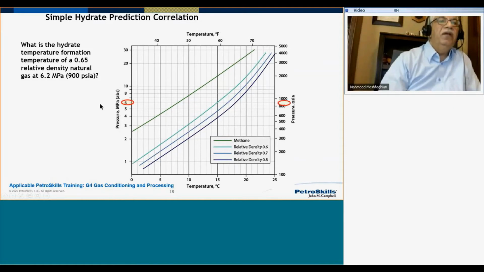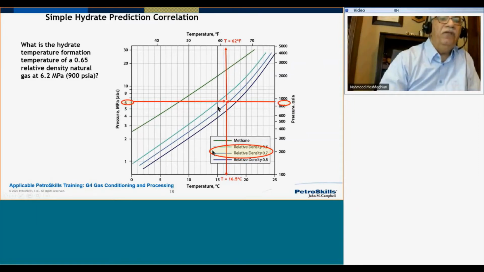So I identify the pressure on the vertical axis. Relative density is between 0.6 and 0.7, so by eyeball, I go to the mid between 0.6 and 0.7, somewhere here. Then I draw a vertical line, and I read the temperature on top, 62 Fahrenheit, or on the lower horizontal axis 16.5 degrees Celsius. This is the hydrate formation temperature.